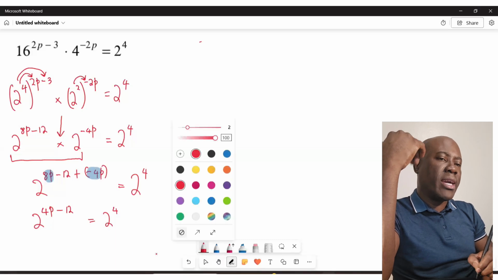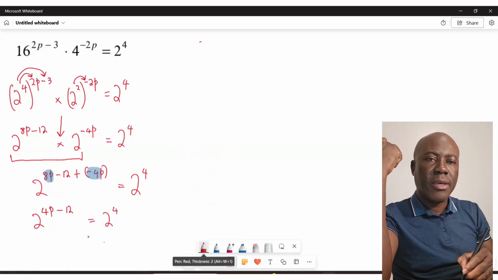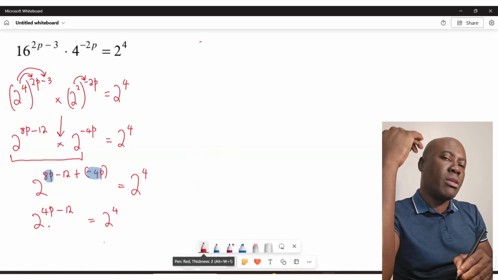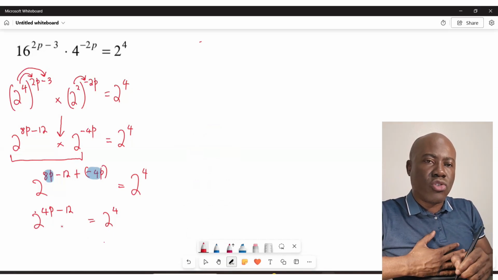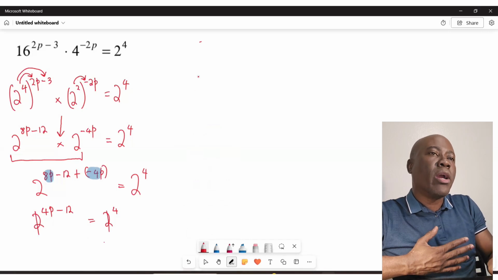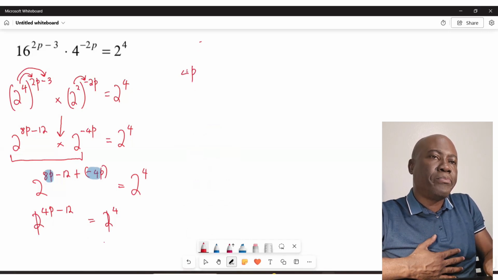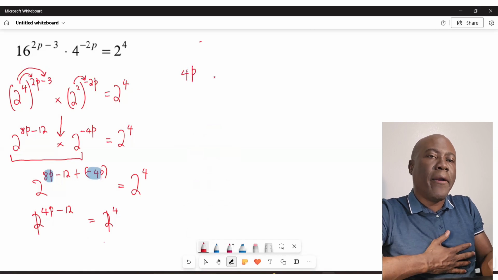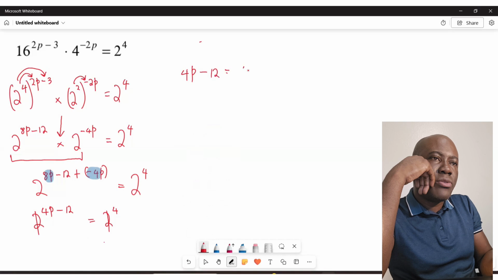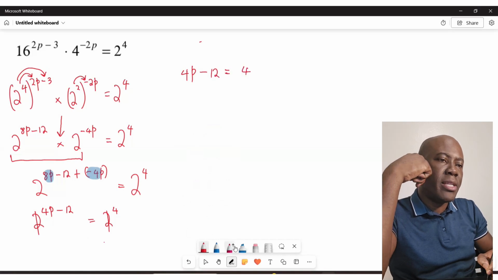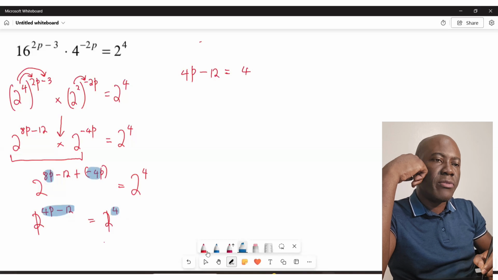Now, in a quick analysis, we only have 2 terms, one on the right, one on the left, and they're both with a base of 2, which means that we could drop our bases and then work with the exponent. And by that I mean 4p minus 12, and this is equal to 4. So we're working with the exponents, and we're talking about 4p minus 12, and it's equal to 4.